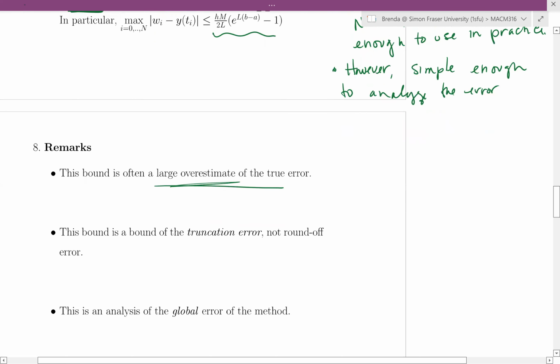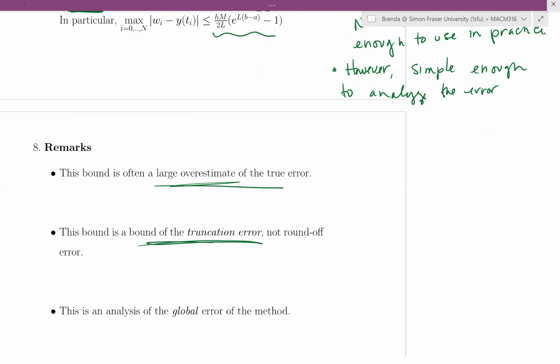Also, the bound that we have given is a bound on the truncation error, right? We truncated that term in the numeric differentiation. We ignored the round off error. What happens to that error when h gets smaller?